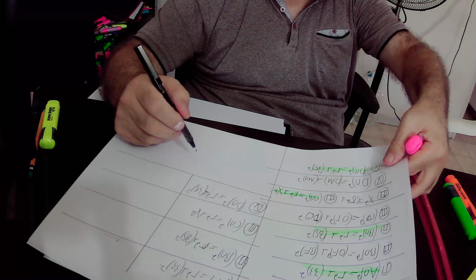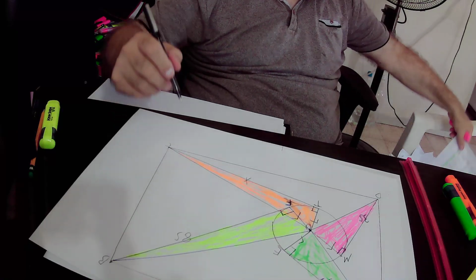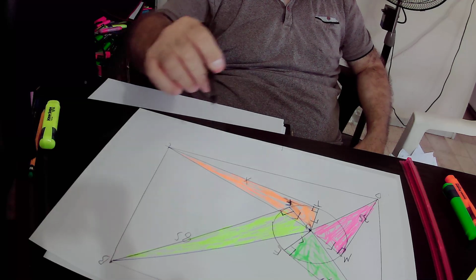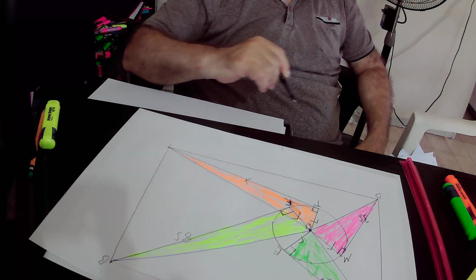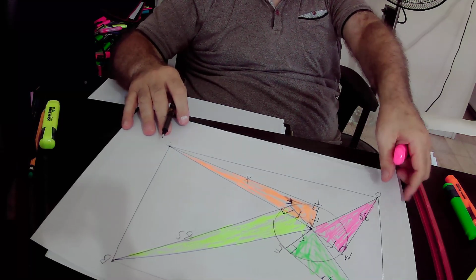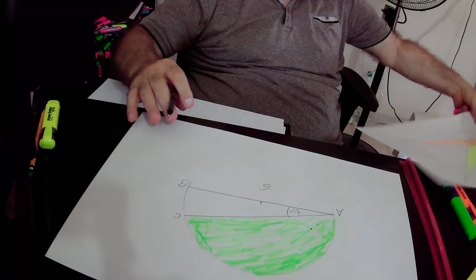In the next step, I will copy the rectangle ABCD with its circle, and we will make 2 constructions inside rectangle ABCD.